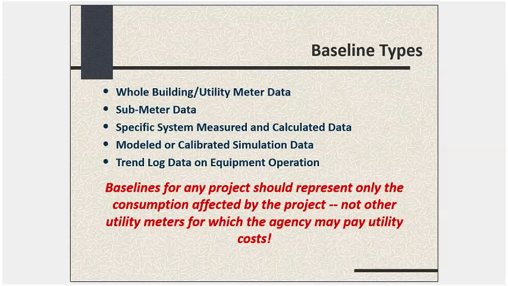One thing that's important here is you should link the baselines to the specific equipment or consumption that you're trying to affect, not the other utility meters for which the agency may pay utility costs but aren't part of this project. You say, well, that's obvious, right?